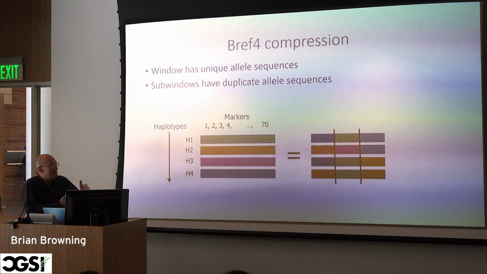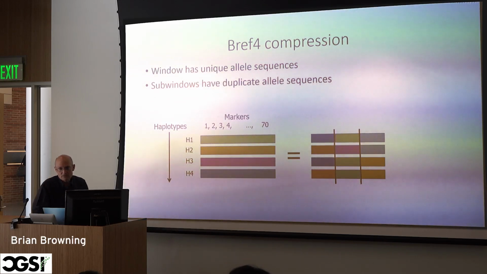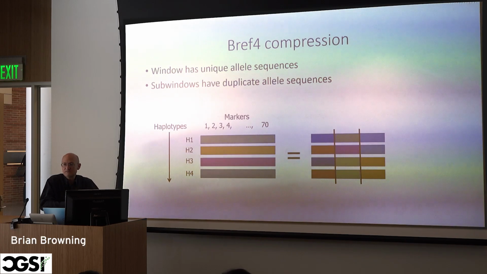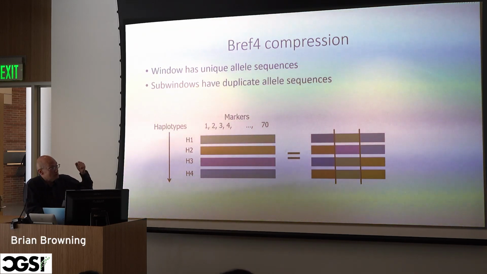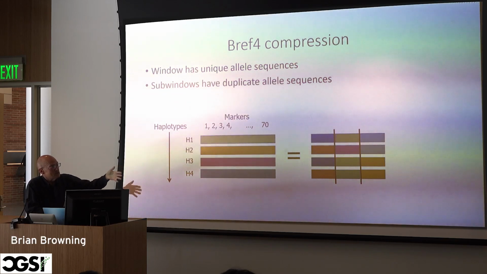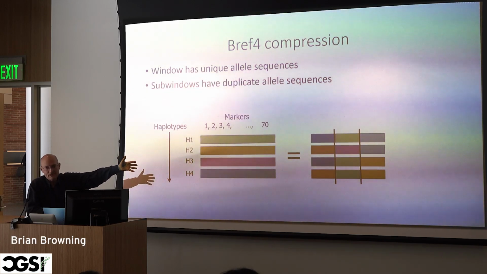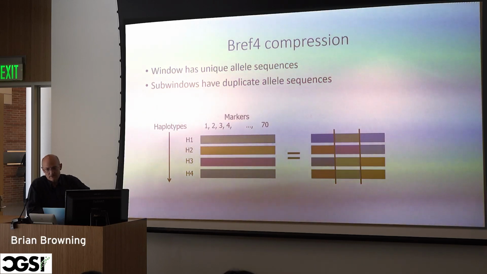So we have duplicate allele sequences on each of those, in this toy example, each of those 3 subwindows. And we can use the fact that there's duplicates to apply Bref3 compression again. You just store only the unique haplotypes and then store a pointer from these 4 unique haplotypes observed in the window to the allele sequences carried on the subwindow.